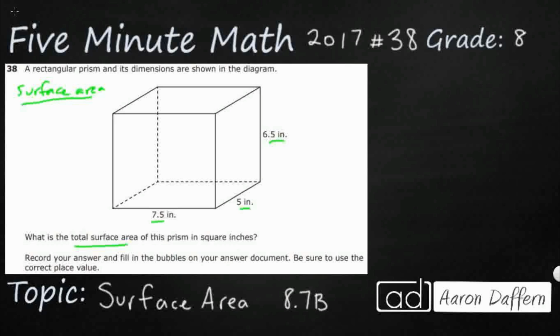And so there are two different types of surface area, and they kind of build on each other. So the first one is the lateral surface area. And what that one says is that it is the perimeter times the height. Now, the perimeter needs to be the perimeter of the base.